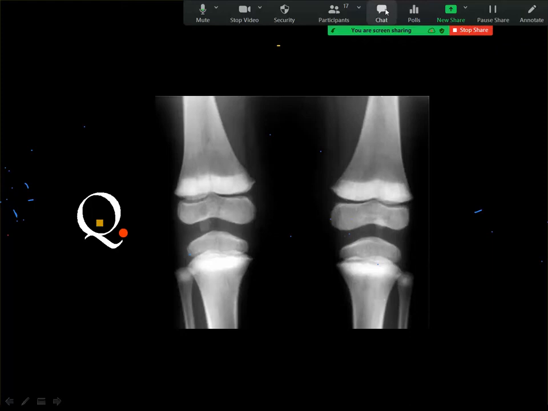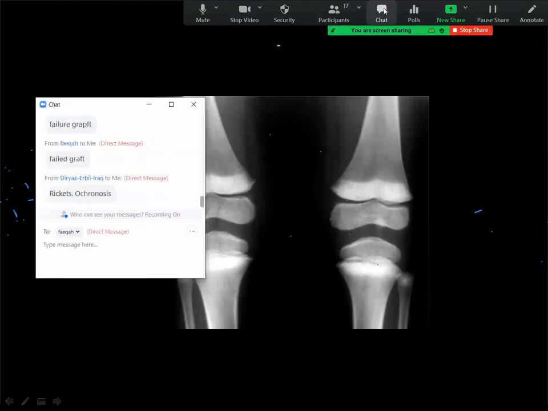But actually, in the exam, we would like you to mention one or two of the lesions that can be associated with metaphyseal bone sclerosis. Yeah, rickets, ochronosis, healed rickets.